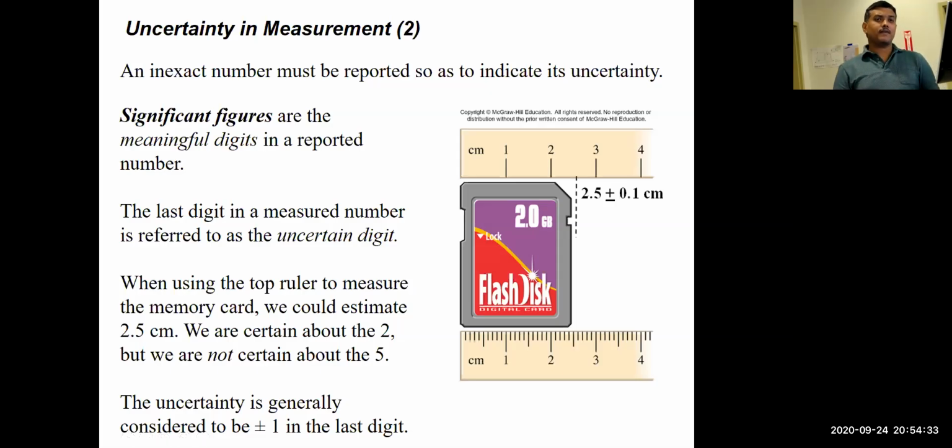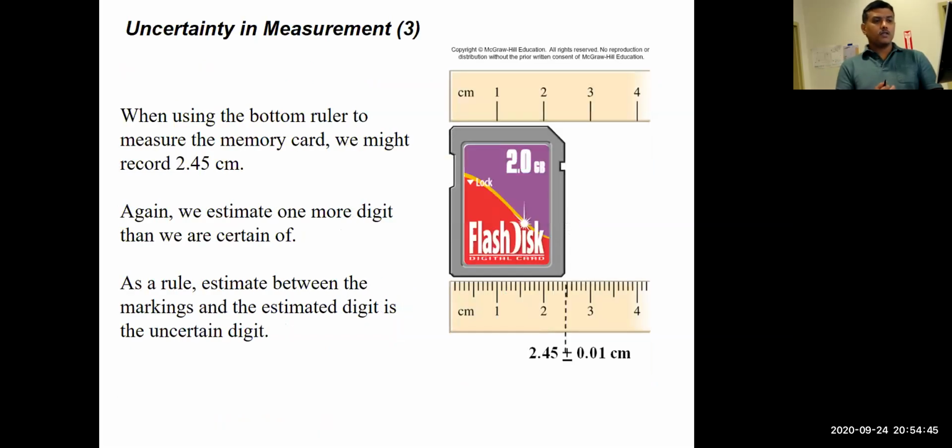So significant figures always have certain digits and a last digit, which is always an estimated number. Just because it is an estimated number, it is prone to error. We could call it 2.5, or we can say it is only 2.4 or 2.45.